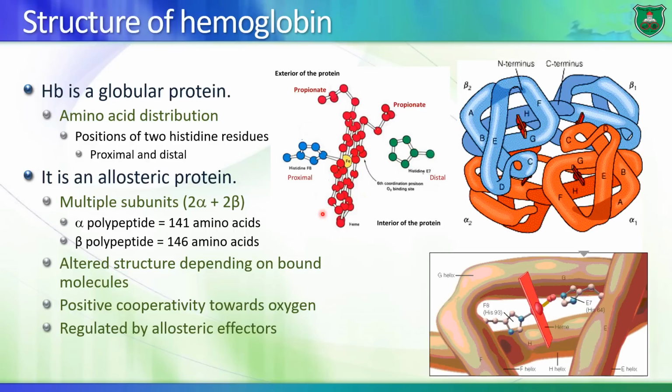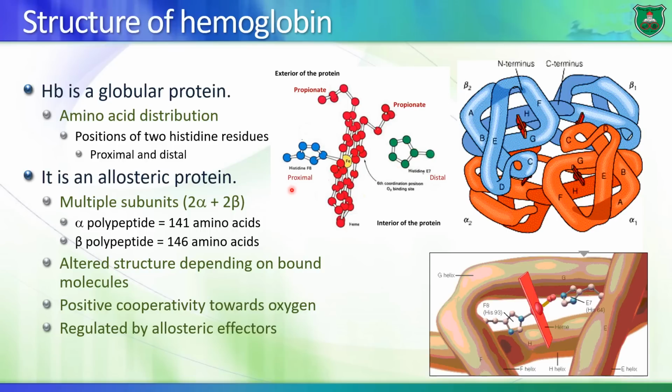An exception to this distribution, with hydrophilic amino acids to the outside and hydrophobic amino acids to the inside, is 2 histidine residues, which are located right in the core of the hemoglobin molecule. These two histidine molecules play a very important role in the function of hemoglobin.